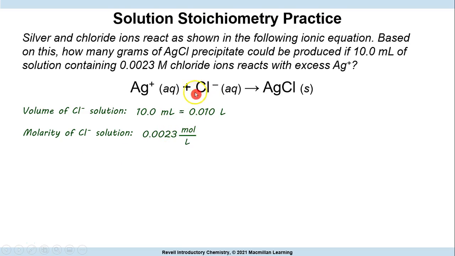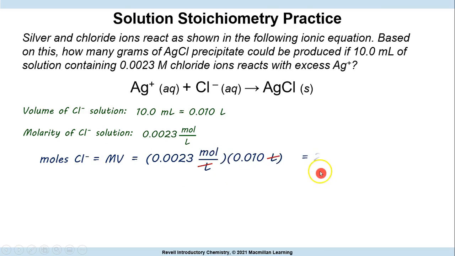If we have the number of moles of the chloride, we can obtain the number of moles of the silver chloride using their mole ratios. And from the number of moles of silver chloride, we are going to obtain the grams. So the moles of chloride is the molarity times volume, and that gives us a value of 2.3 times 10 to the minus 5 moles of chloride.